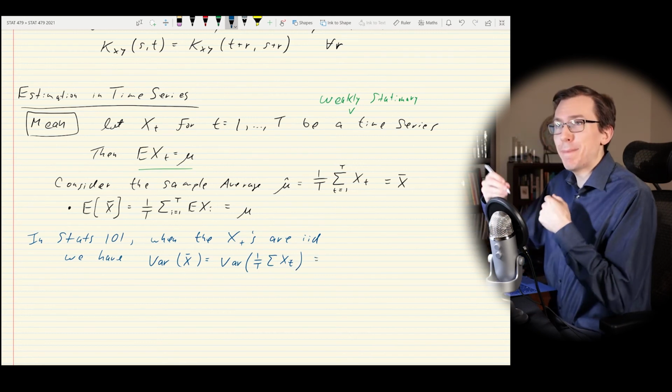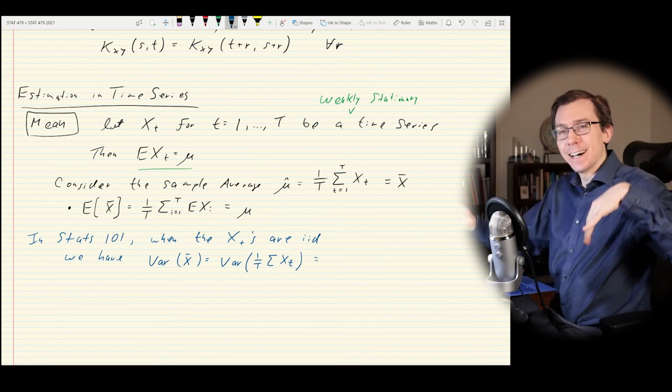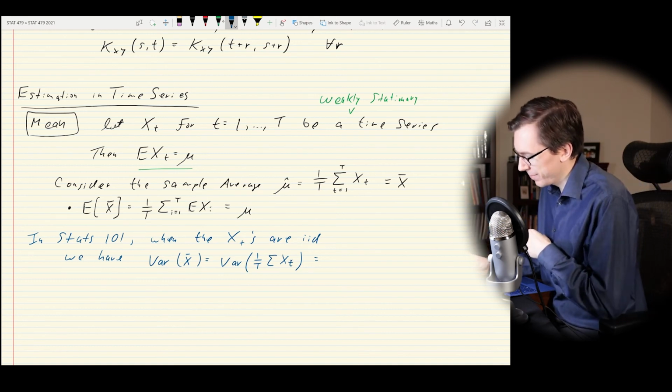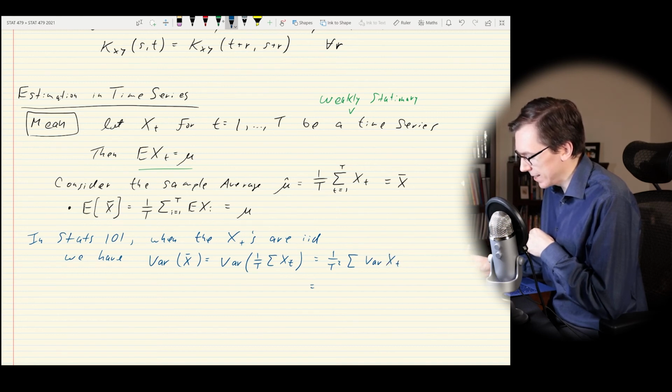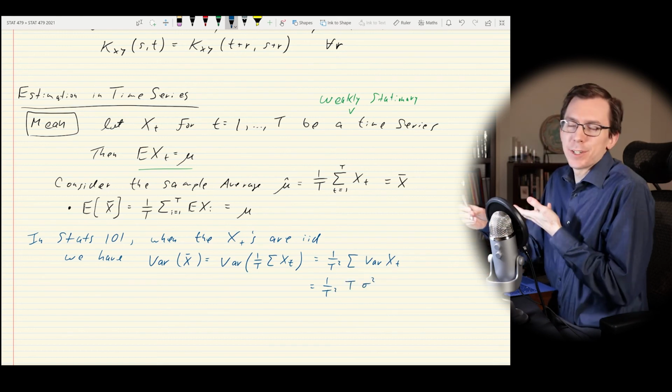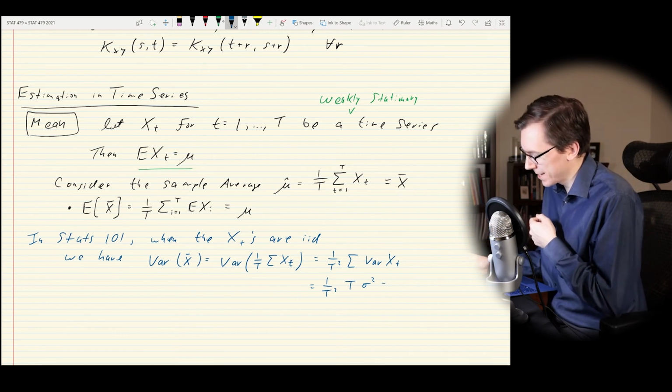And because of independence, the variance of the sum is going to be the sum of the variances. So what we end up with is 1 over T squared times the sum of the variances of the x_t. And this is just going to be 1 over T squared times T times sigma squared, if sigma squared is the variance.